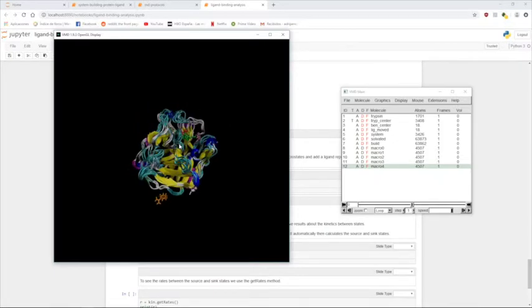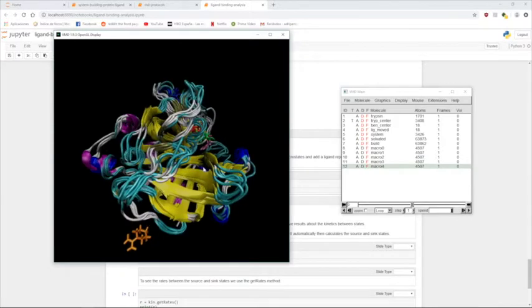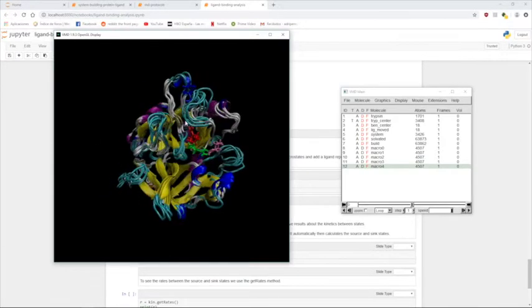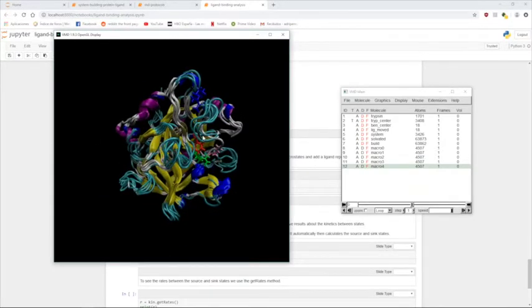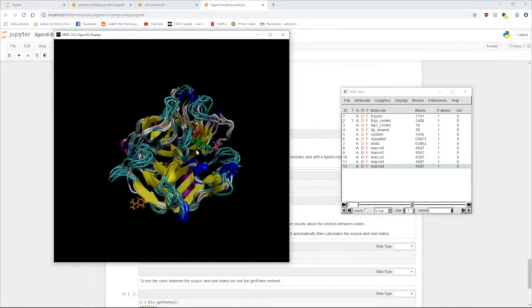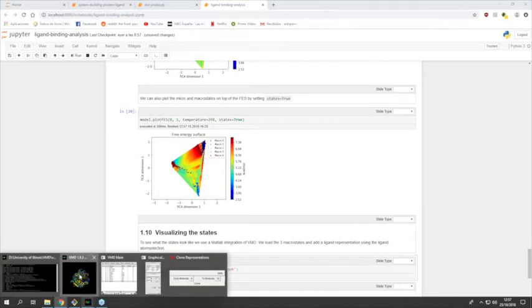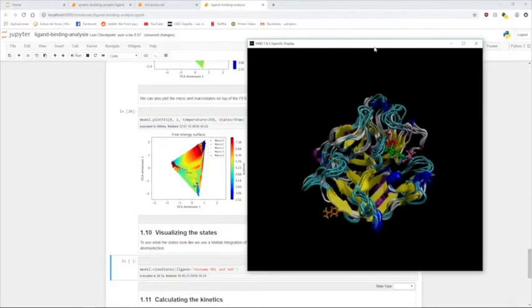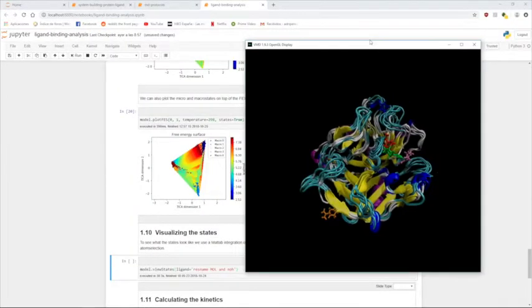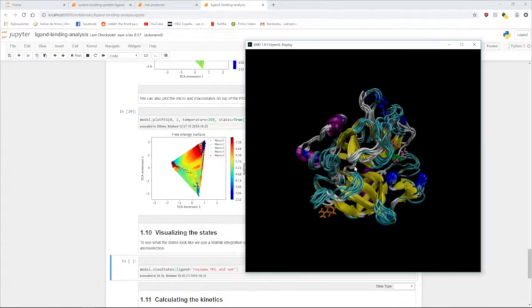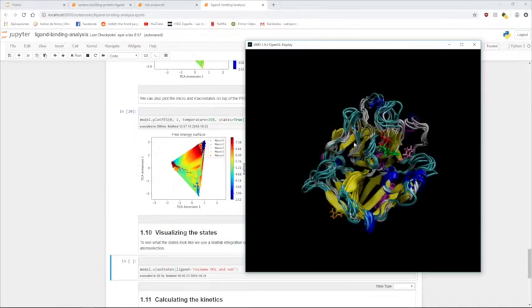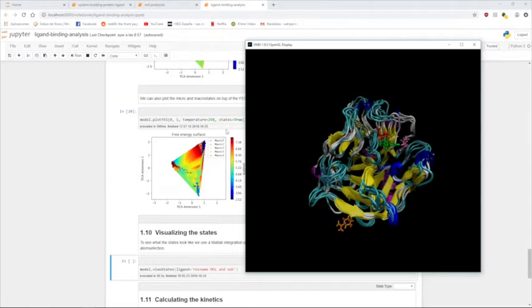This is benzamidine, and this is trypsin, and we can see that I have colored benzamidine into these different states, okay? So what the Markov state model did is to separate all these conformations that we have in our simulations into kinetically relevant macro states, so that we can interpret all this set of data.